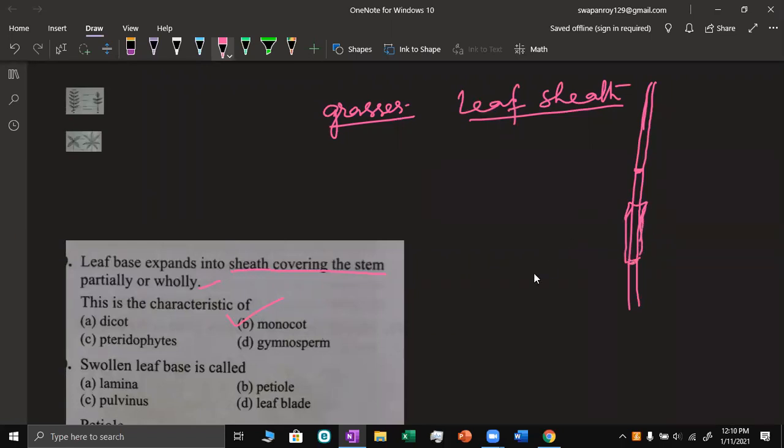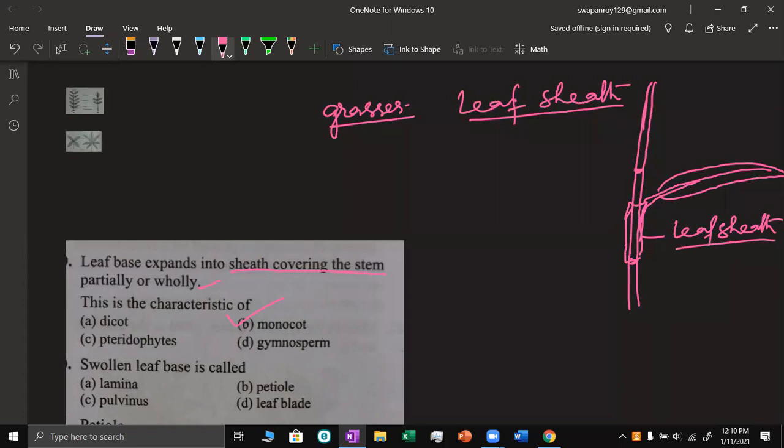It surrounds the stem for some distance. So some portion of the internode is covered with this, and then this petiole portion will come out, and then this is the leaf. So the leaf base is so broad and large that it covers the internode partially. So this is the leaf sheath.